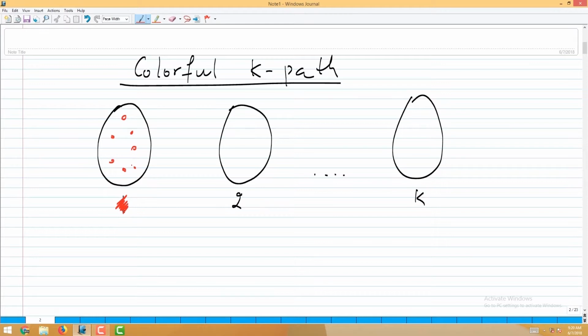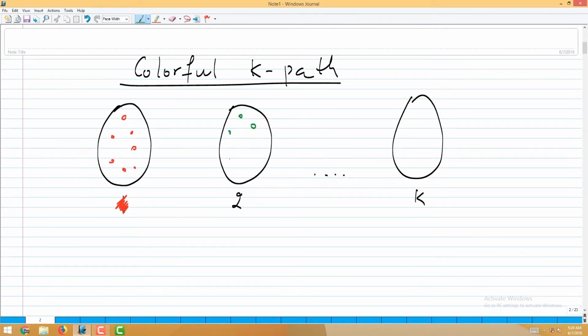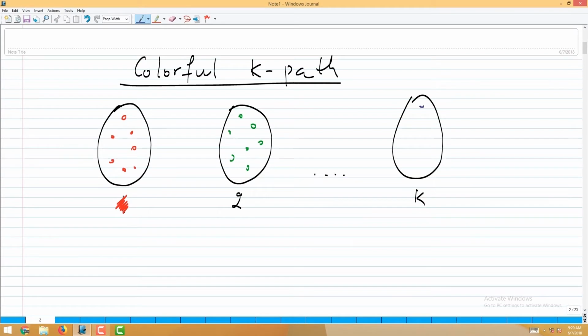Let's say 1 is color red. The next set is the vertices that have got colored 2. So 2 is green and so on. You'll use k colors. Suppose the kth color is blue. So this is how my input looks like.